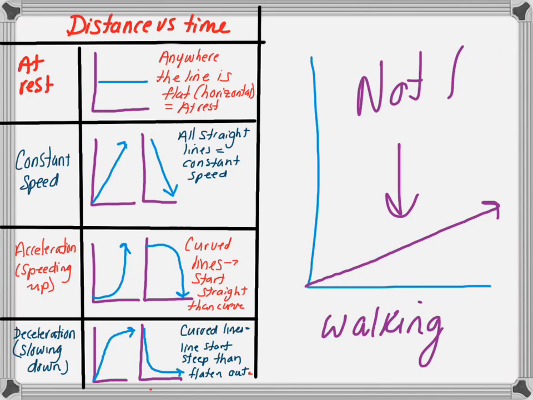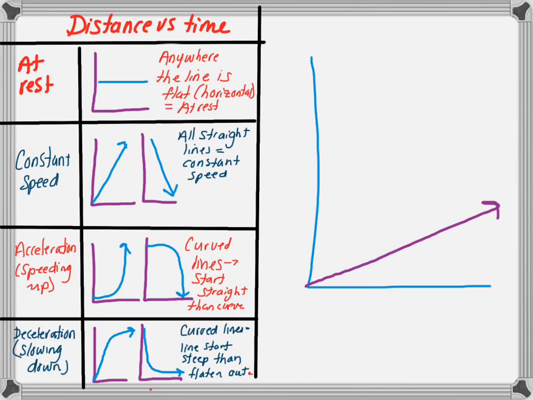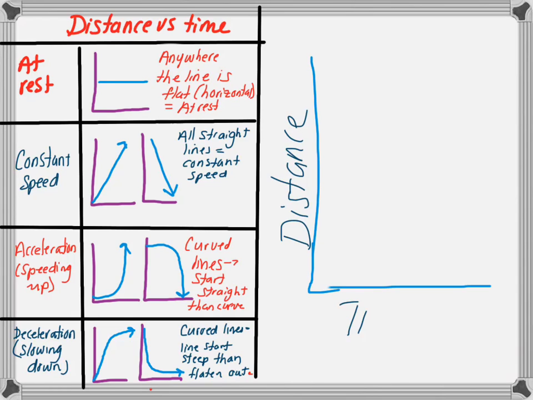Now, I broke the biggest rule of all. As a teacher, I should be ashamed of myself. I did not label my graph, all right? And as I label my graph, what should be going on the y-axis? It should be your distance, okay? And then this should be your time. So let's say my time was going 1, 2, 3, 4, 5, 6, 7, all right?